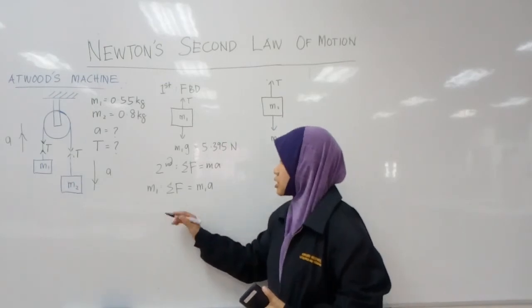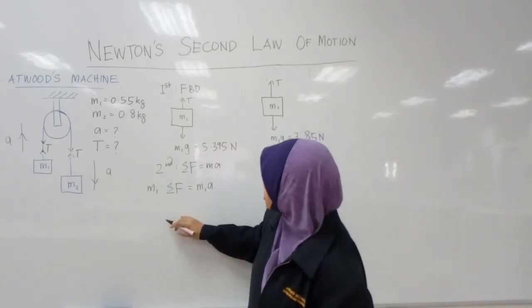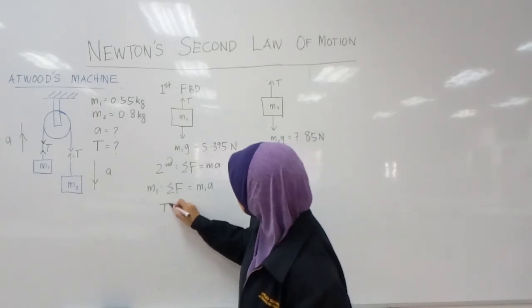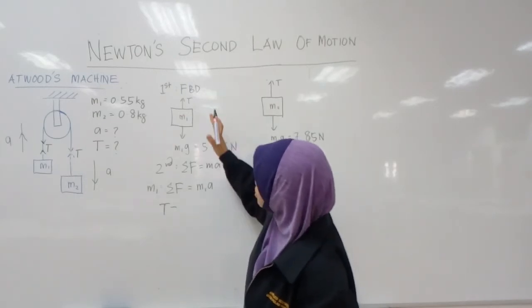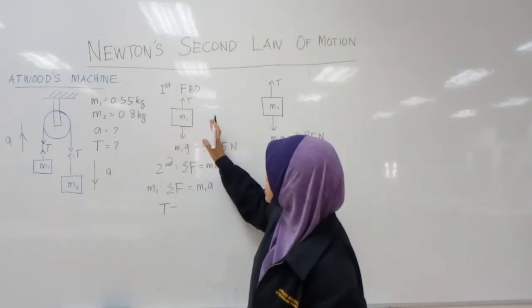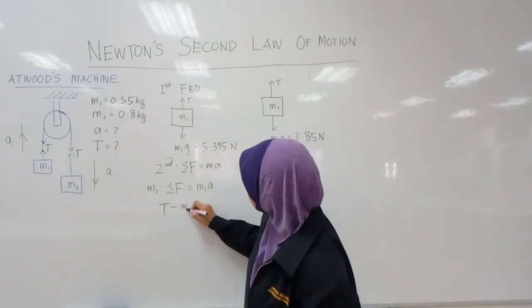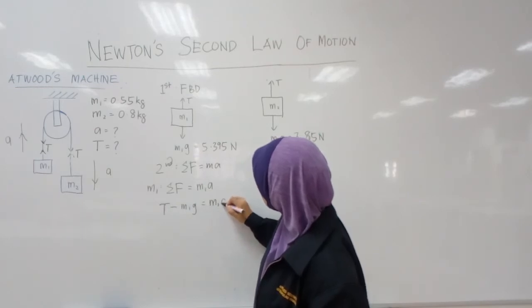So what is the equation for the net force? The net force is T minus M1G. T is positive because the direction of motion for M1 is upward. So T minus M1G is equal to M1A.